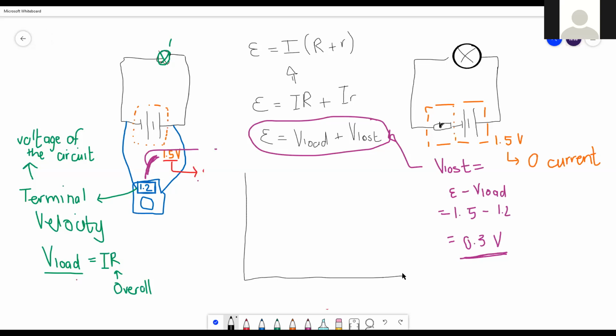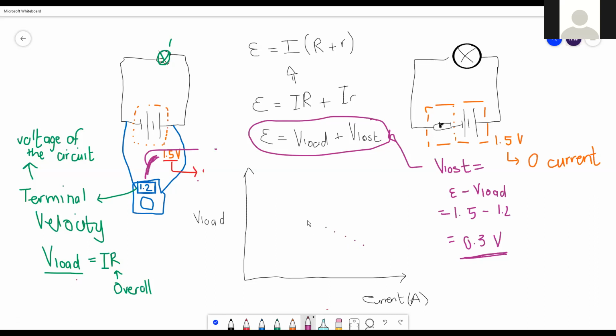Okay, so imagine that we measure your V load at different currents. So this is current measured in amperes. Okay, and we get a dot there and a dot there.